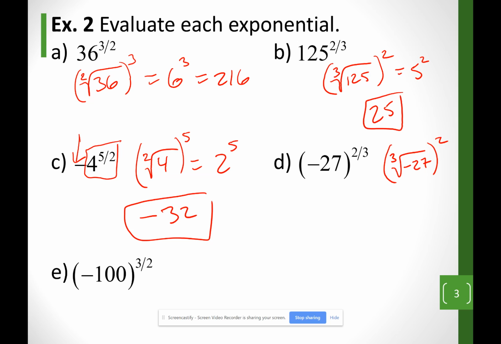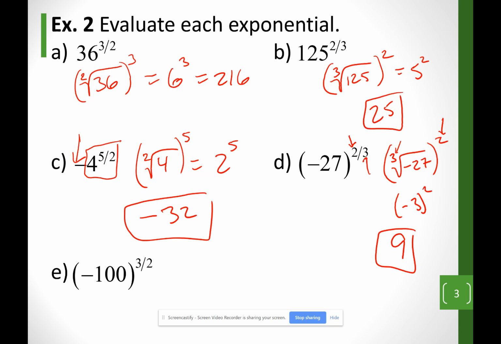Okay, the cube root of negative 27 is negative 3. Negative 3 to the second power is just 9. Notice that with my fraction, the top number I'm putting as an exponent. The bottom number, I'm putting as a root.